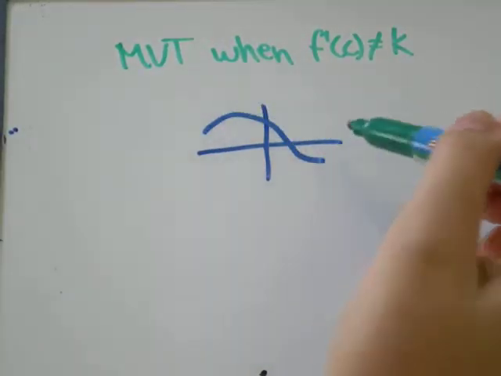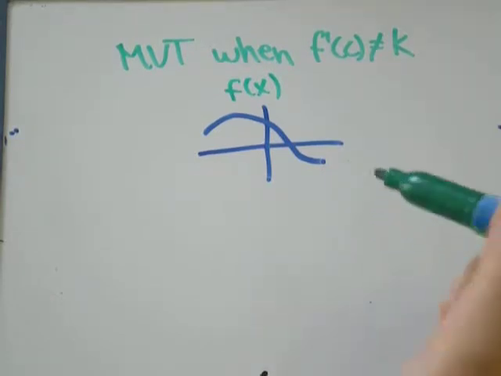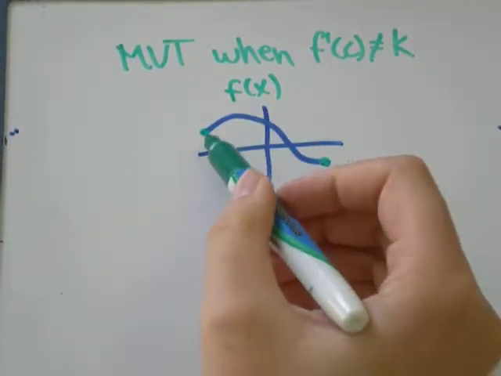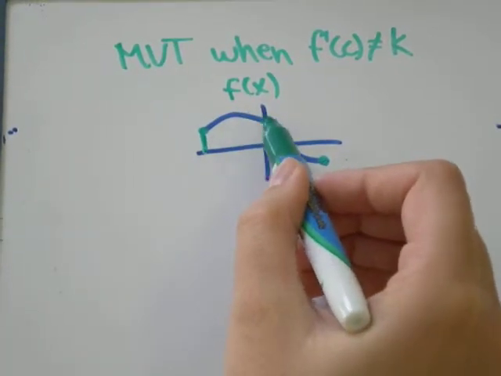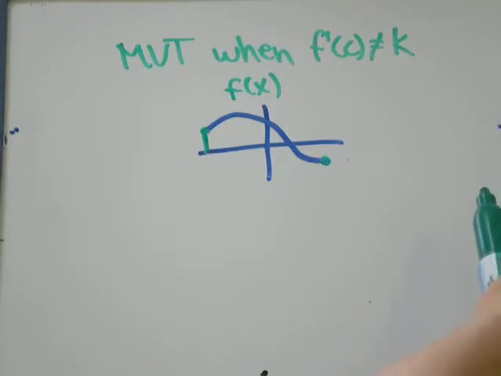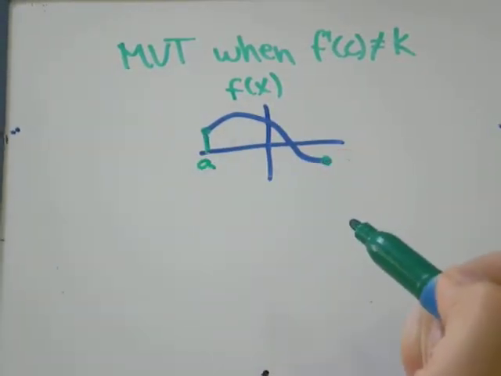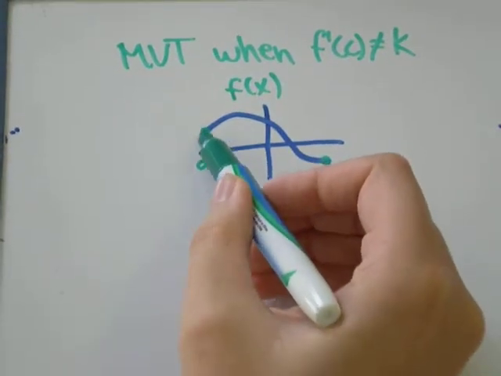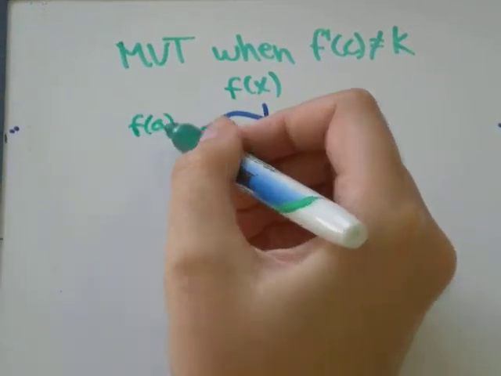So the curve would be f of x. It has a start point and an end point. The start point has an x value and a y value. So the x value of the start point, we're going to call that a. The y value, how far up the starting point is, that would be f of a.